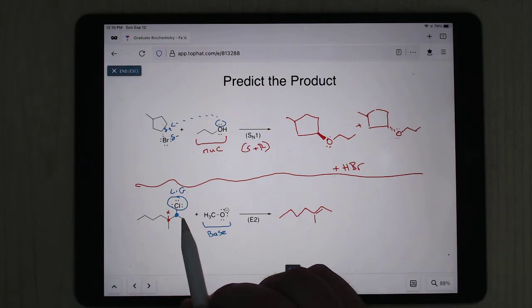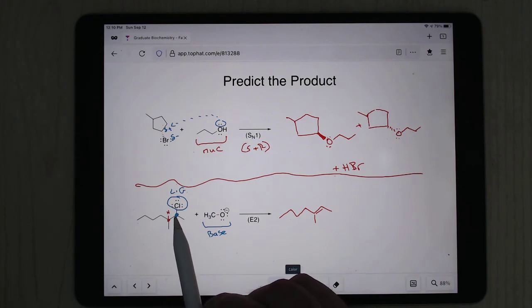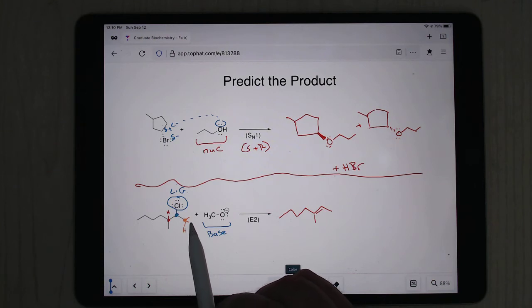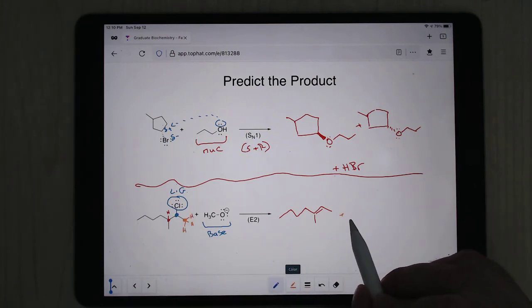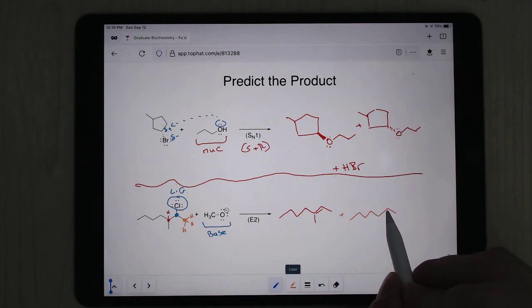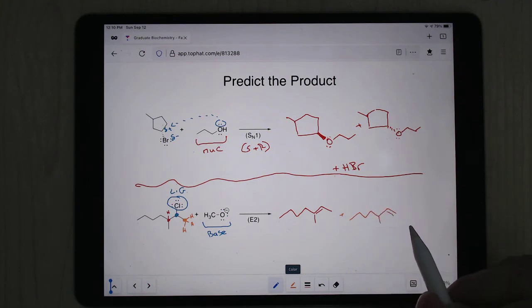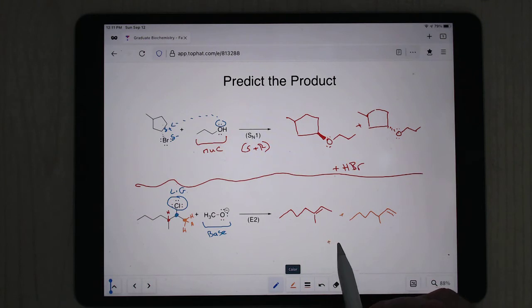If we go between the blue and this orange here, this one has 3 hydrogens on it. So it has at least 1, so that's fine. So we're going to make that, plus Cl minus and CH3OH.